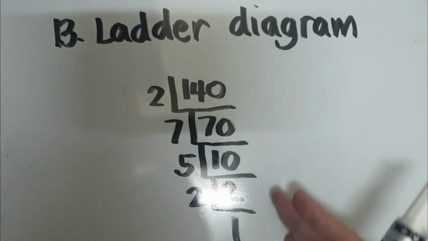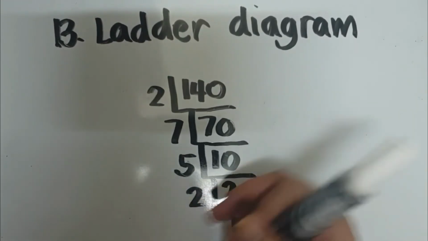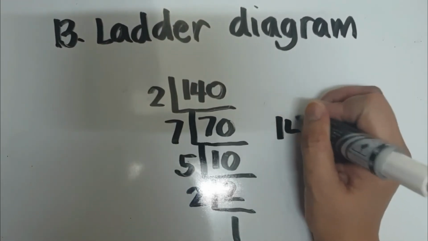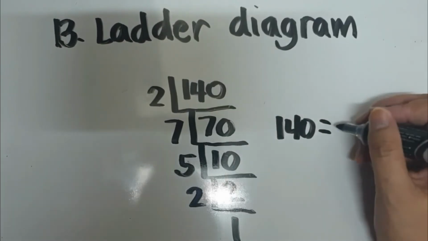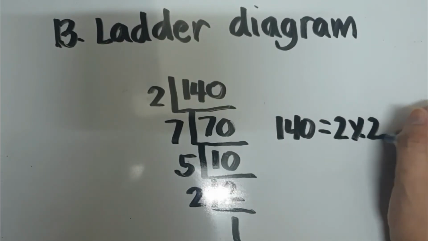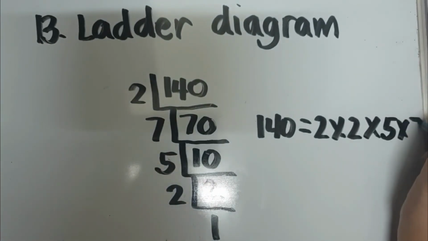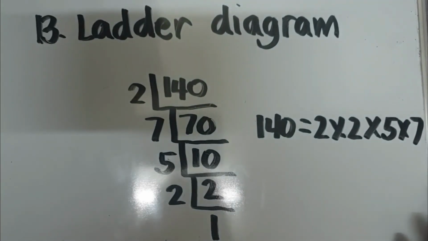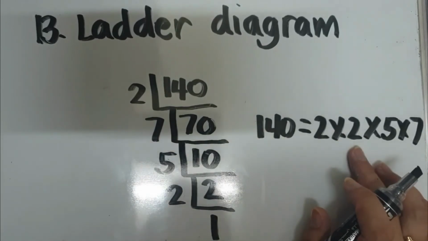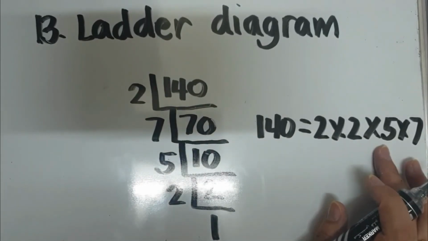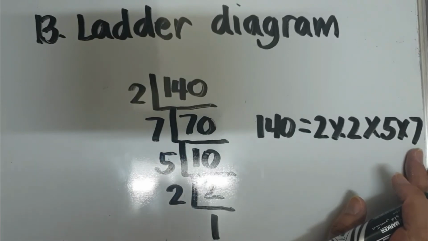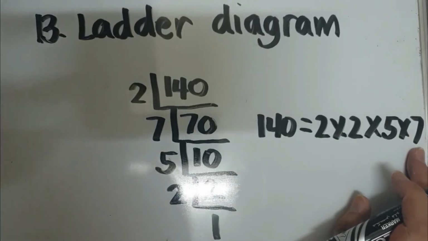So, by using this ladder diagram, let us write it in ascending order. So 140 is equal to 2 times 2 times 5 times 7. Now let us check. 2 times 2 is 4, times 5 is 20, times 7 is 140.